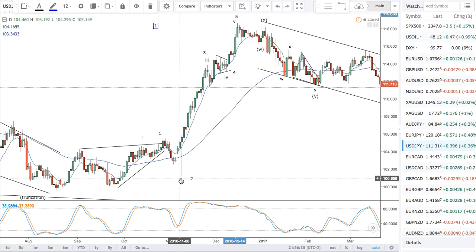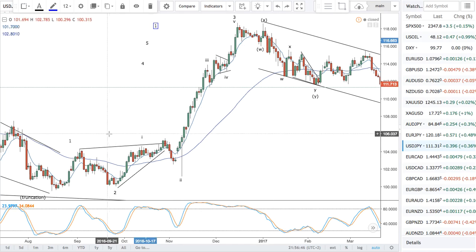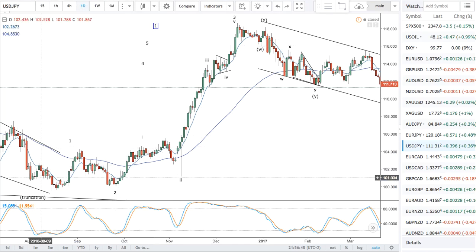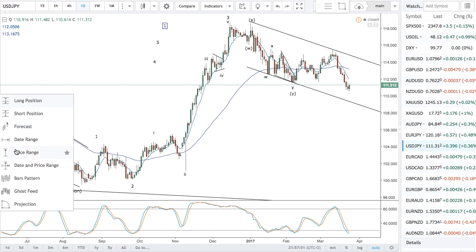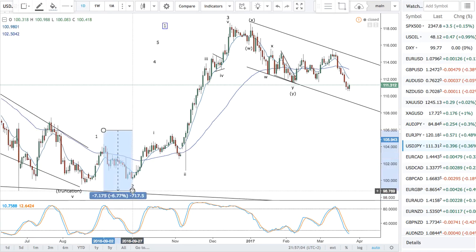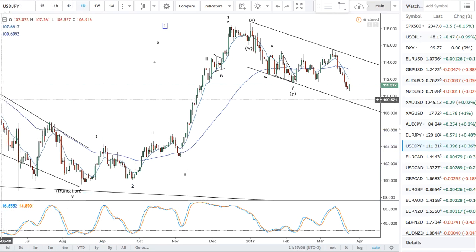So 1, 2, 3, 4, 5. It's not great, but I'm trying to find another move to justify a further upward move, because the original look of having this as 1, 2, 1, 2, 3, 4, 5, which is the best look, makes me think that this type of huge sequence here is not really likely. You can use your naked eye on this type of thing, but overall, you're talking about wrong one.